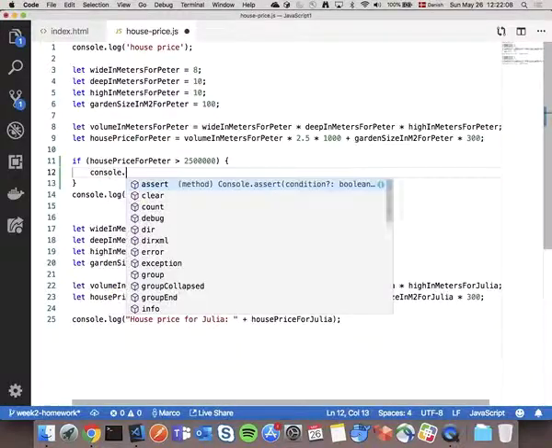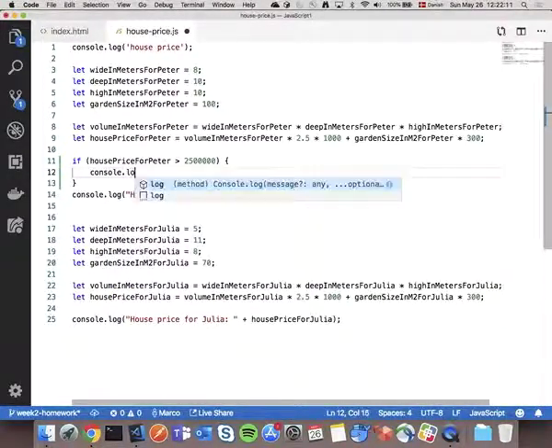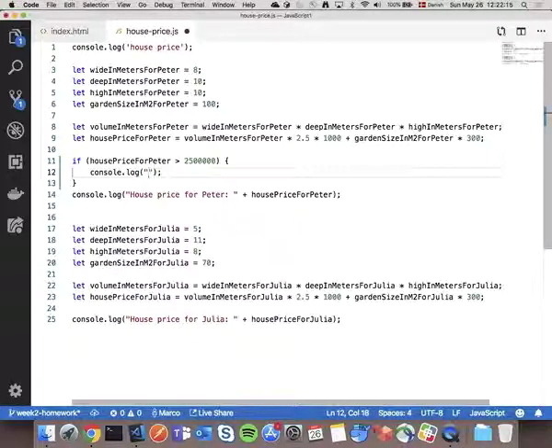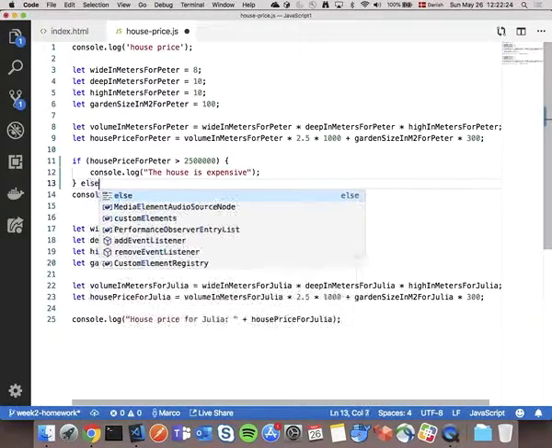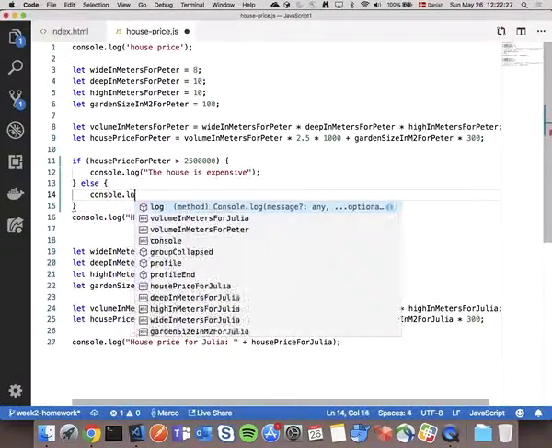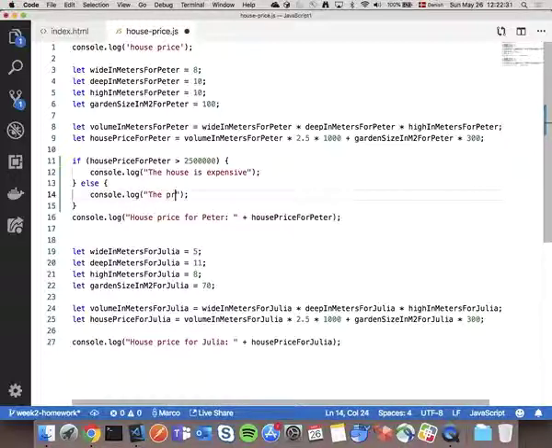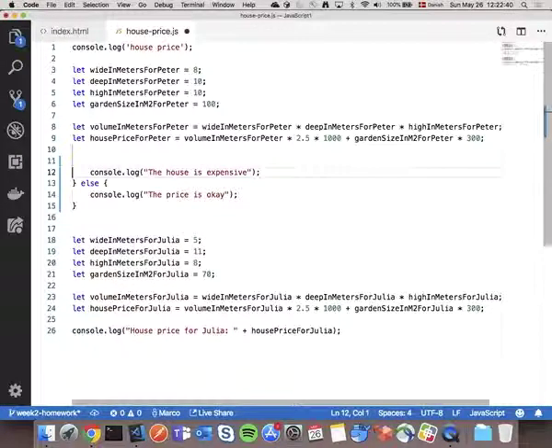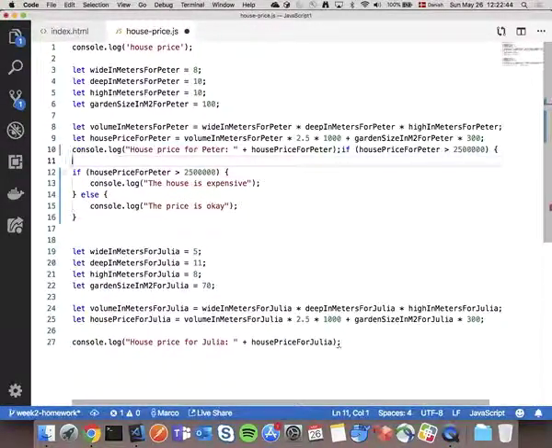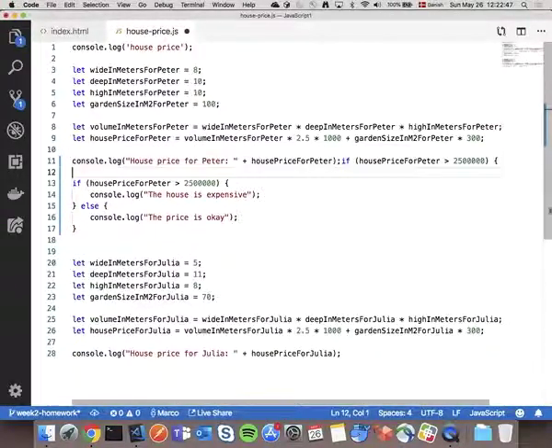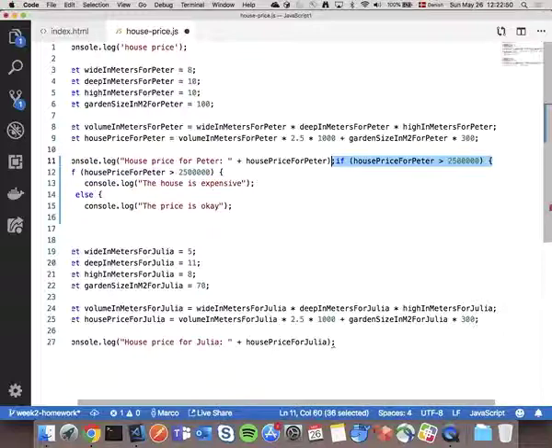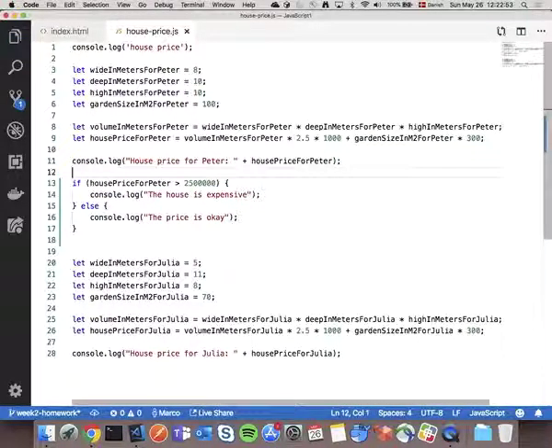So this one: the house is expensive, else the price is okay.